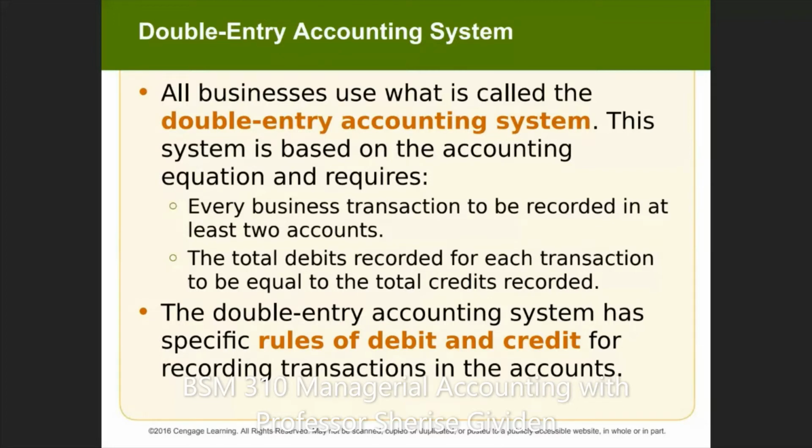Double entry. And then total debits recorded for each transaction have to be equal to the total credits recorded. Debits equal credits. Kind of goes back up here. Making sure that everything balances out. The double entry accounting system has specific rules of debit and credit for recording transactions in the accounts.